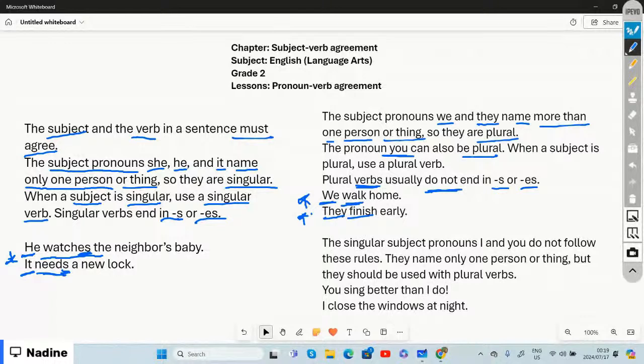Our plural subject pronouns refer to more than one person or thing doing an action. And that refers to we, they, or even you.